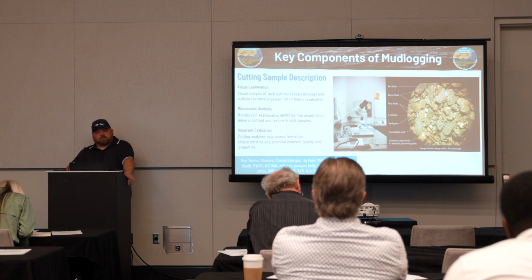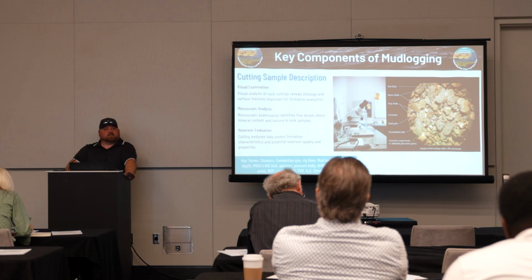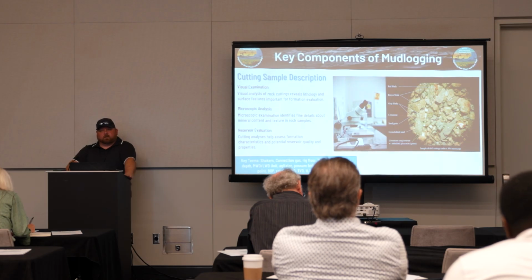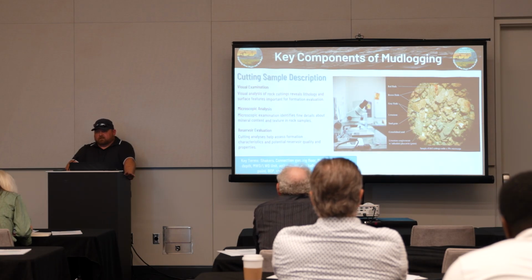That's where you get into your microscopic analysis with your alizarin red, your HCl. Alizarin red is a stain that helps differentiate between limestone and dolomite. Dolomite typically will not stain right away. Everything stains with alizarin red, just so you know, if you leave it in there long enough.